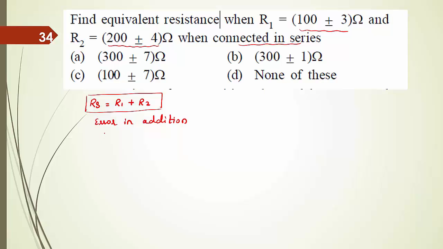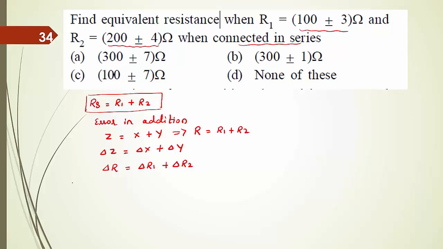So we have the formula for addition Z equal to X plus Y. Error in addition means delta Z equal to delta X plus delta Y. We can use these equations to find the equivalent resistance. Here in place of delta Z I can write delta R. Delta R equal to delta R1 plus delta R2. In place of Z equal to X plus Y, we can write R equal to R1 plus R2.